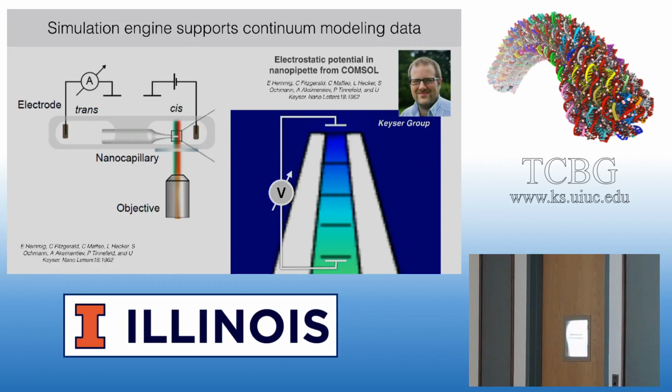So this is a heat map of the potential inside of and around a nanopipette, which is incorporating the mobility of the ions, the electronegativity of the glass of the pipette, and these physics.